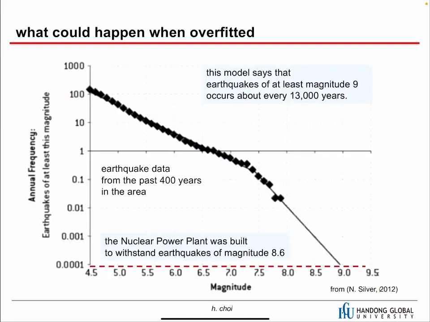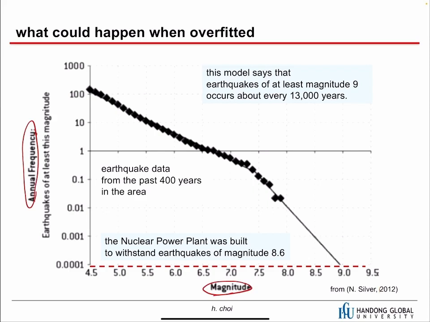And here's the story behind the earthquake that occurred in Japan in 2011. There was a huge earthquake, and when they built a nuclear power plant, they got all the earthquake data samples from Japanese history, and they analyzed the data samples, and based on the analysis, they estimated the relationship between the magnitude of the earthquake and the frequency.